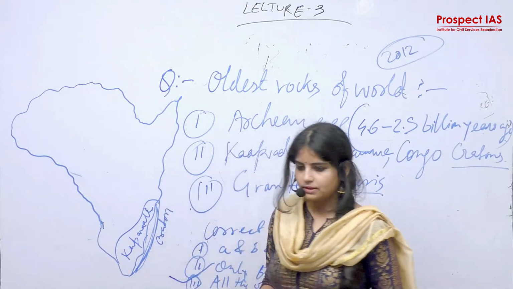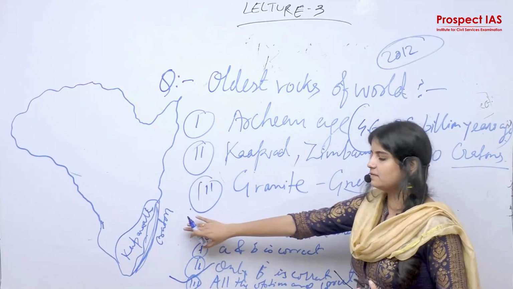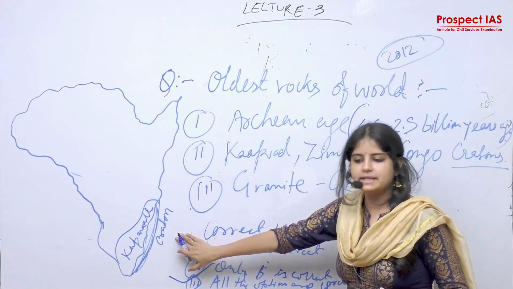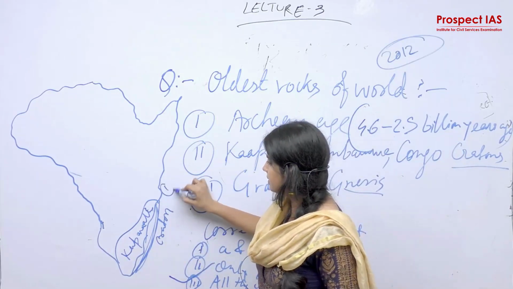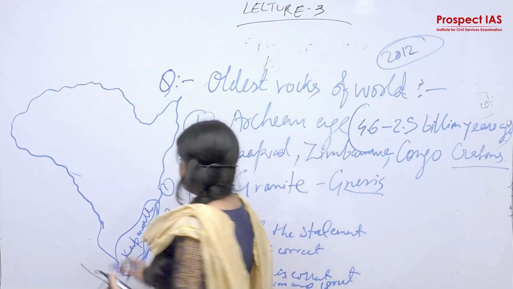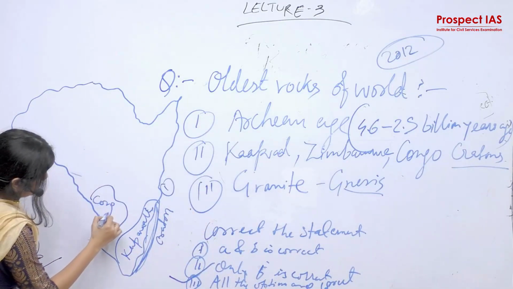Geophysical activity, world geography, salient features of world physical geography, relevance with the UPSC syllabus. First, Kapwal Craton. Then here is the Congo Craton. Clear with the word craton?